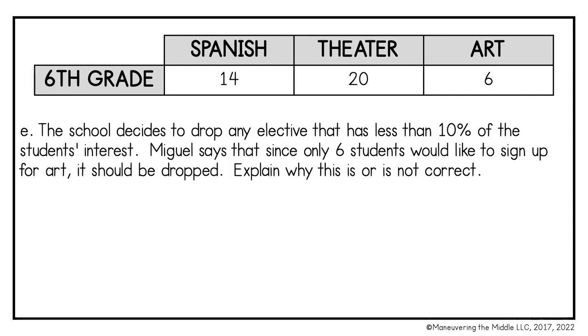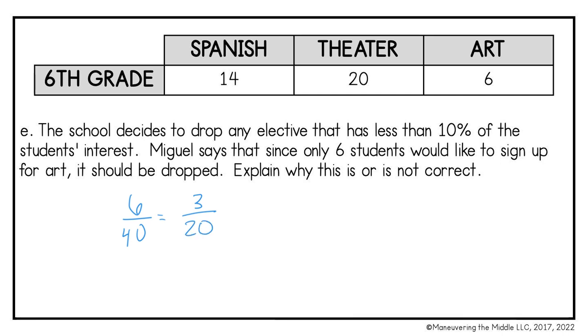All right, E, the school decides to drop any elective that has less than 10% of the students' interest. Miguel says that since only 6 students would sign up for art, it should be dropped. Explain why this is or is not correct. So if 6 out of 40, I'm going to simplify that, that'd be 3 over 20.